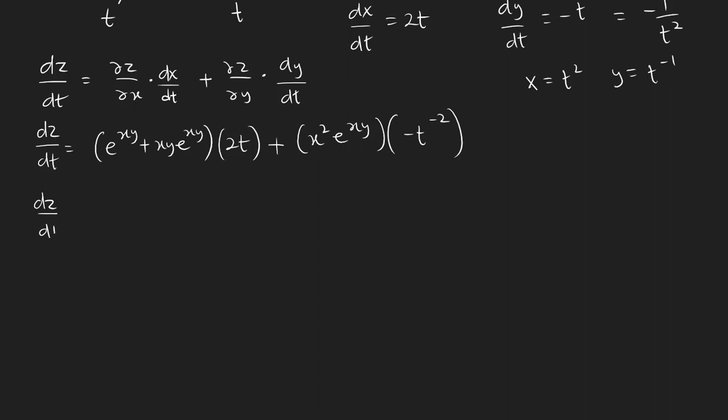So dz/dt will be equal to 2t multiplying e to the power xy, plus xy multiplying e to the power xy, then minus, because of this negative that we have here, t to the power minus 2 multiplying x squared e to the power xy.